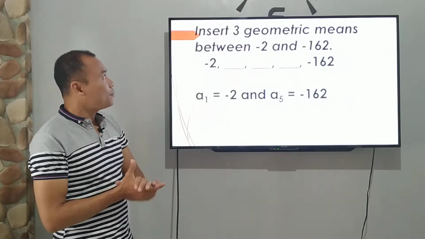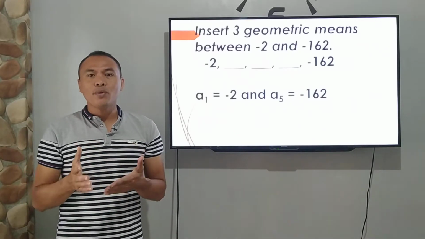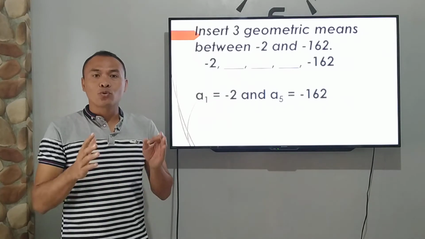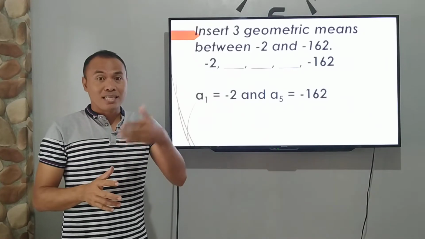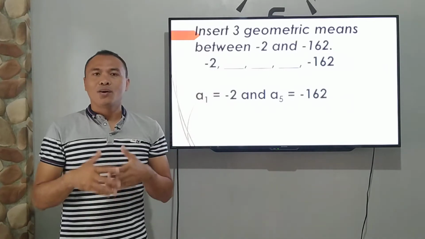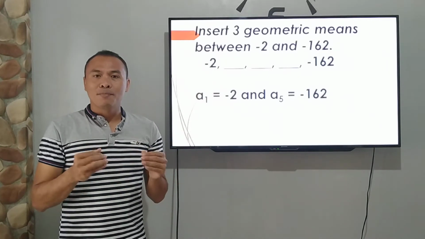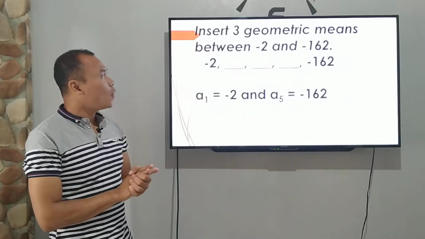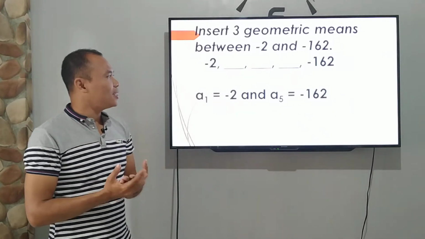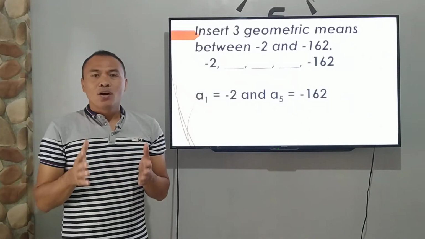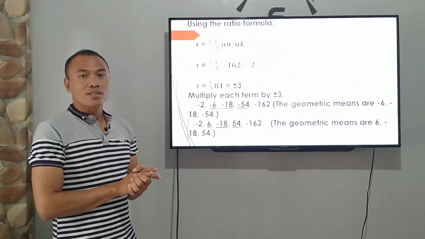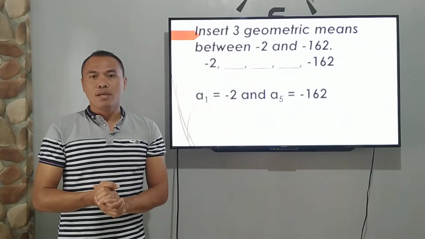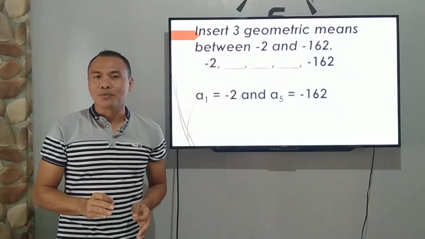Again, another example, insert 3 geometric means. Sinabi natin means, ibig sabihin, marami siya, 2 or more. Since 3, of course, 3 ang ating ipapasok na mean, between negative 2 and negative 162. Okay? What is our first term? That is negative 2, and our last term is negative 162.